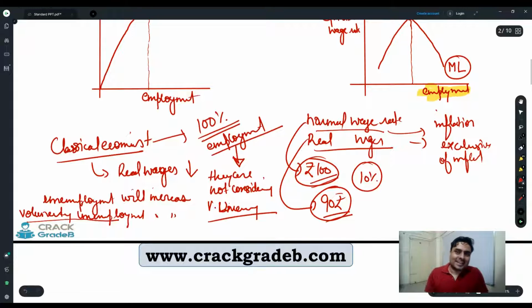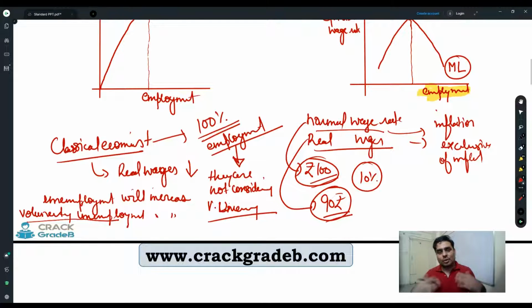See how clever they are. They are not considering those people who are voluntarily unemployed. People say, how can there be 100% employment? So they said, okay, listen. 100% employment means we are not considering those people who are voluntarily unemployed. Fine. So if you are voluntarily unemployed, then you are not considered as unemployed.